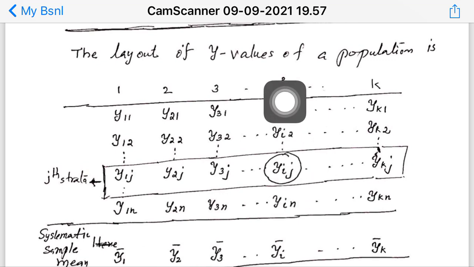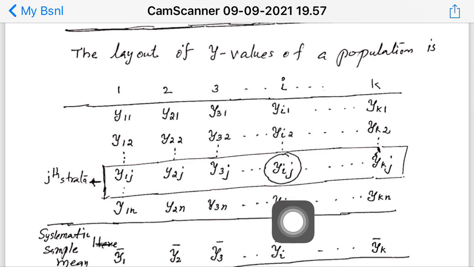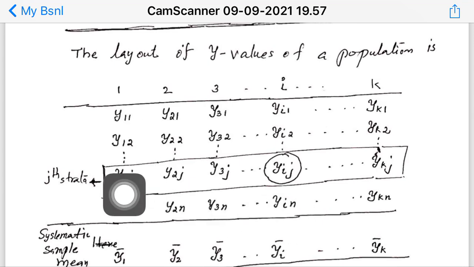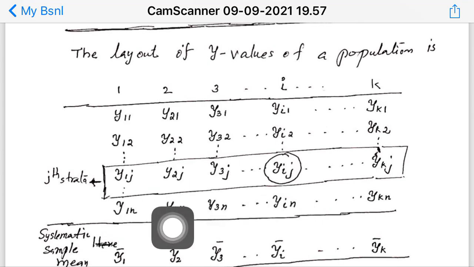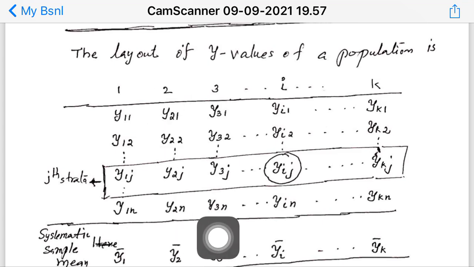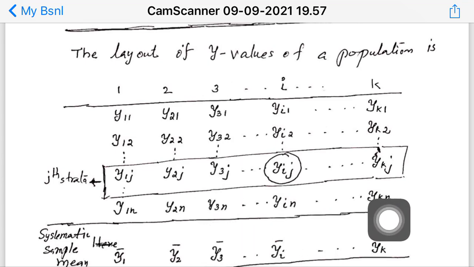So the ith column represents the ith possible sample, the first column represents the first possible sample, the second column represents the second possible systematic sample, and this is the third possible systematic sample, and so on. The last column represents the kth possible systematic sample of our layout.